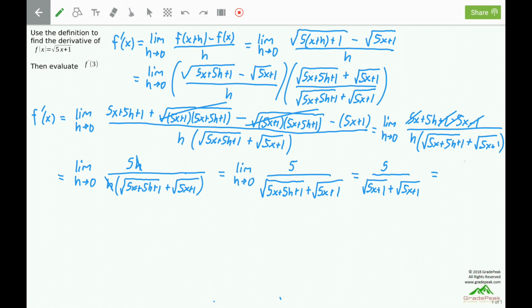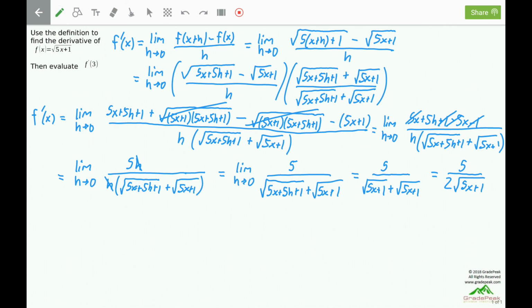Those roots can combine together. There's two of them. So our overall derivative will be 5 divided by 2 times the root of 5x plus 1. So there's our derivative function of x.